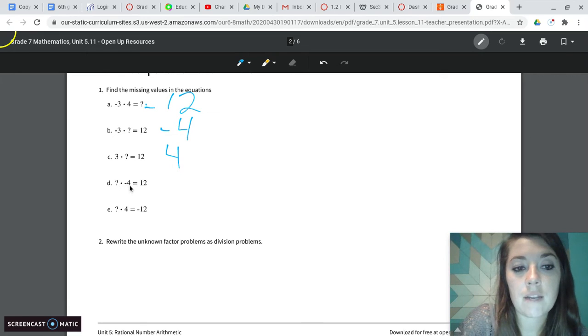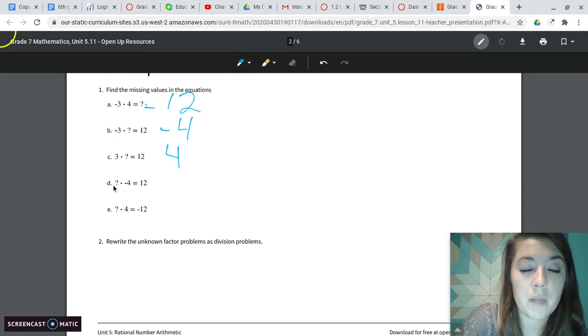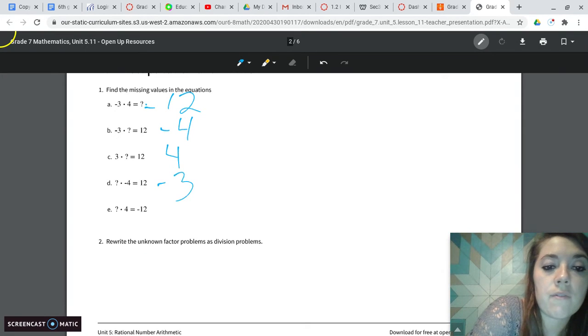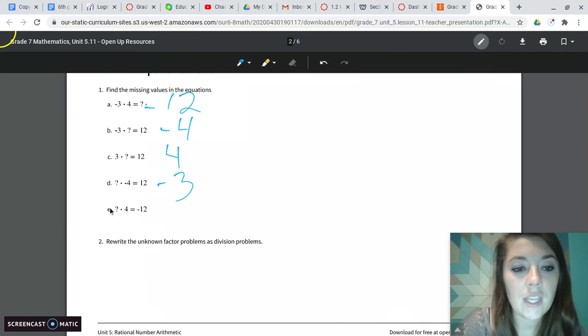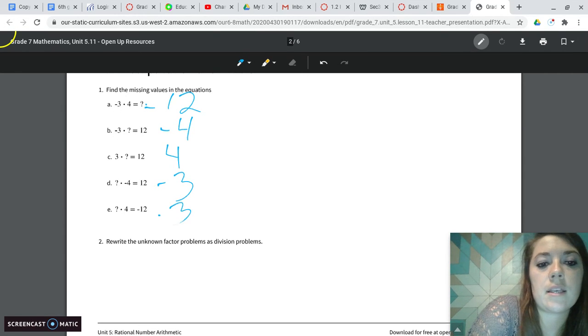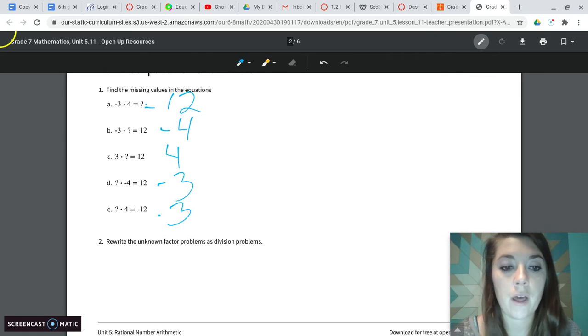Question mark times -4 equals +12. We have a negative. What do we have to multiply a negative by to get a positive? A -3. And the last one, question mark times 4 equals -12. So if 4 is positive, our 3 needs to be negative in order to have a -12.